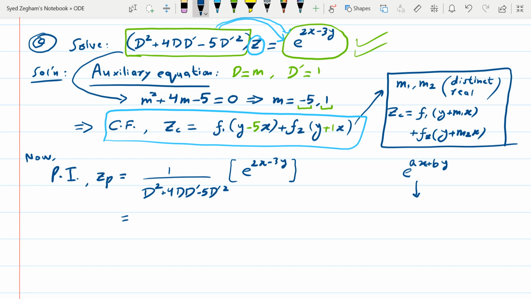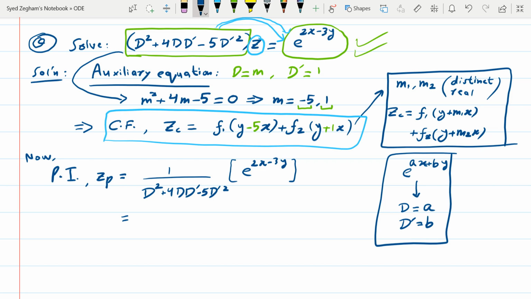In this case, we just replace d by a and we just replace d prime by b. That's all. This is our technique to solve this zp. Let us continue.